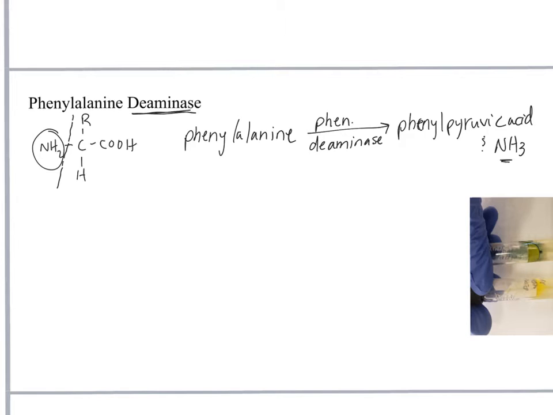So that ammonia comes from that amino group over here. Anytime you see ammonia, you think, probably going to be some alkaline end products there, although we have an acid here as well.